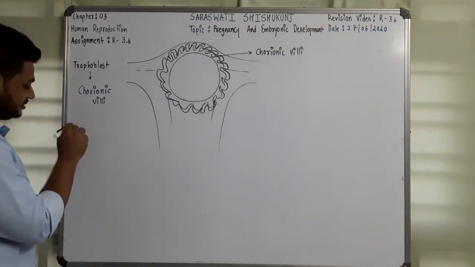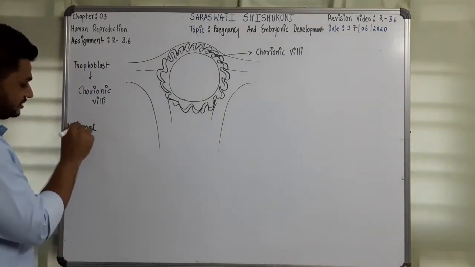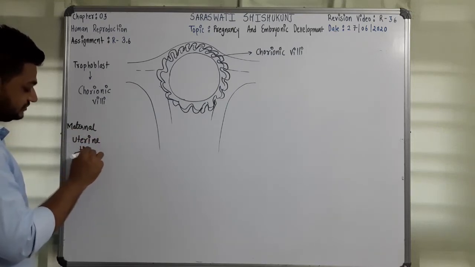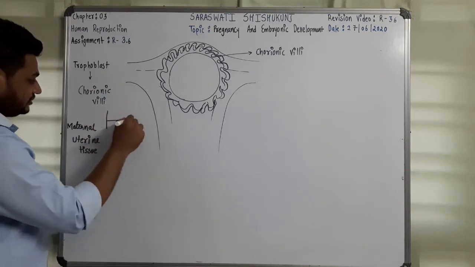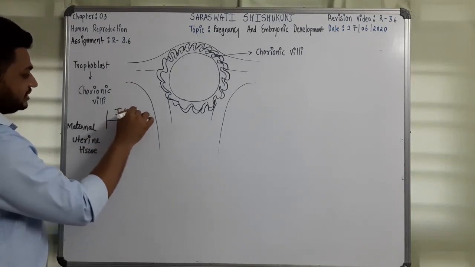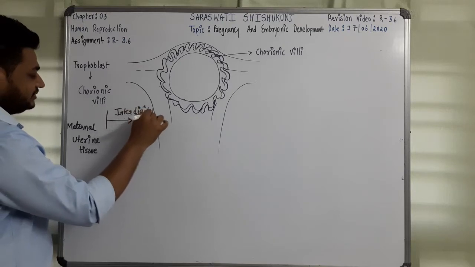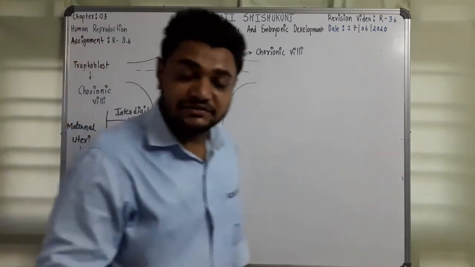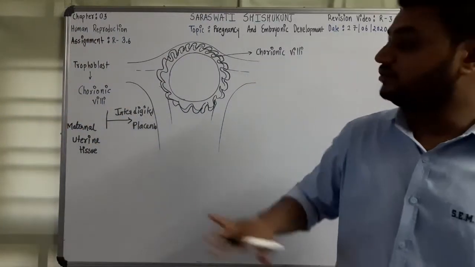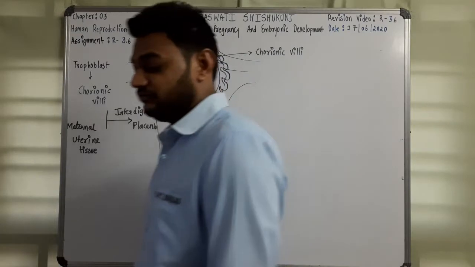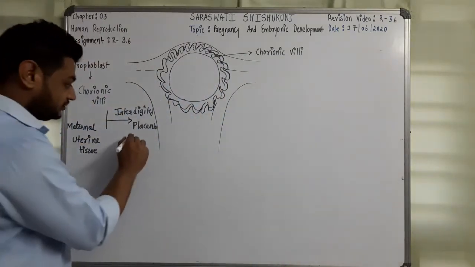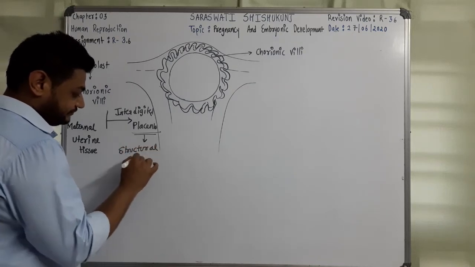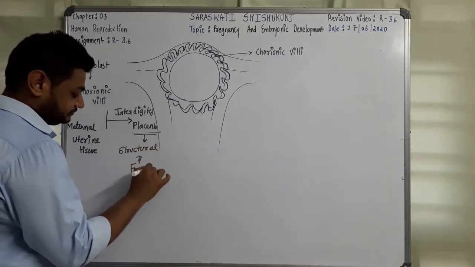So the maternal side uterine tissue and the chorionic villi both get interdigited, and this forms the placenta. Remember, placenta is the structural and functional unit between mother and fetus.